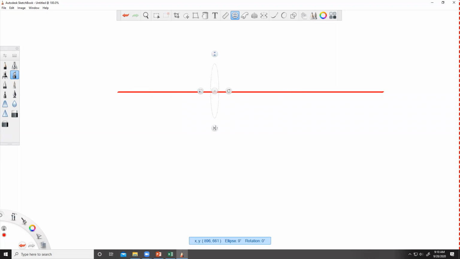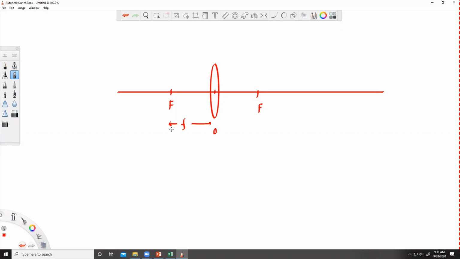So let's say we have a convex lens, and it has some focal length. That's the focal point, and the distance between the focal point and the optical center O is called the focal length. In a magnifying glass, usually we place the object near the focal point, somewhere in between the focal point and the optical center, closer to the focal point.